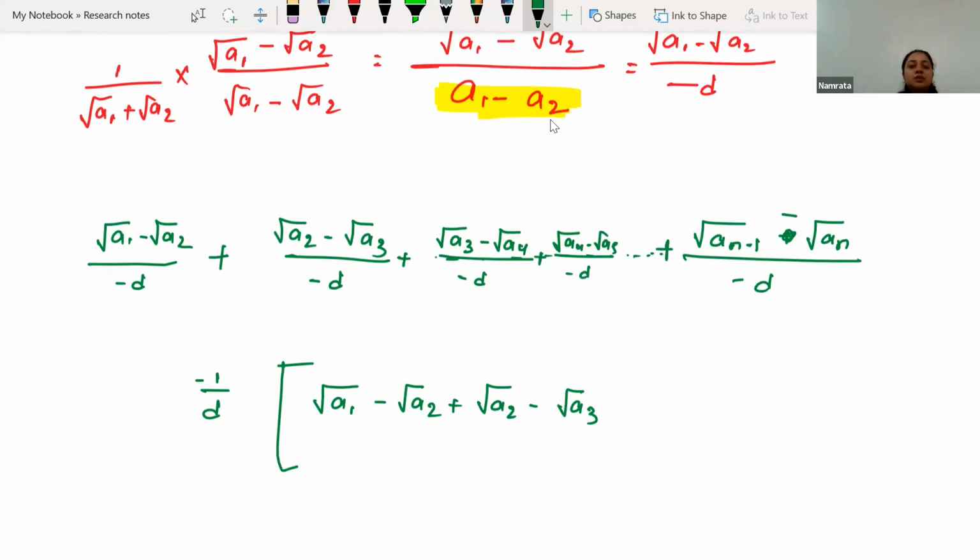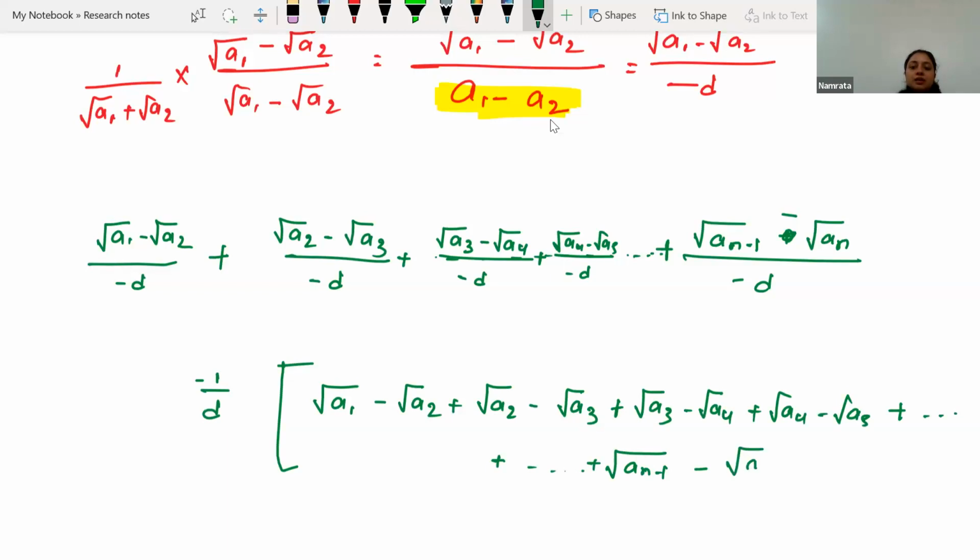This way it will continue. Are you observing that every term is getting cancelled over here? Yes, ma'am. Plus root a(n-1) minus root an.